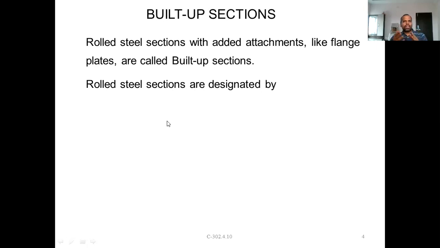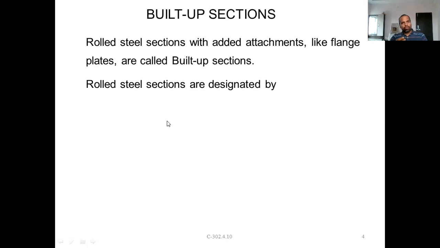Generally, rolled steel sections are of different types, like an I section, channel section, angle sections, T sections, right? Again, plates, sheets, flats, and solid circulars, hollow circulars, which are tubular sections. Very widely used, very common.